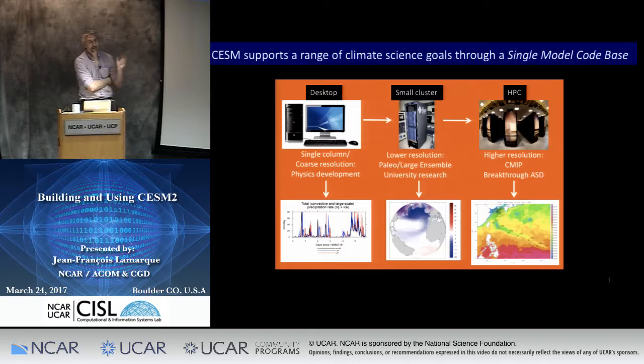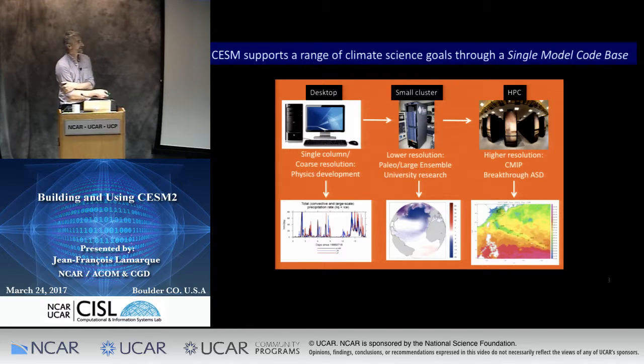One thing that makes CESM different is that it's not just built by the community, it is also used by the community at large. We're trying to not just have top of the line, state of the art science and the highest resolution we can get, but a tool that can be used by a variety of people over a variety of platforms.